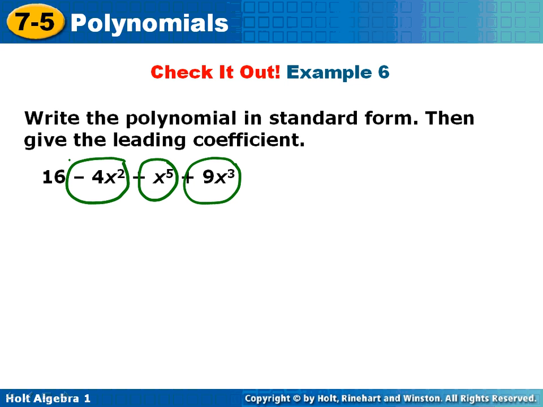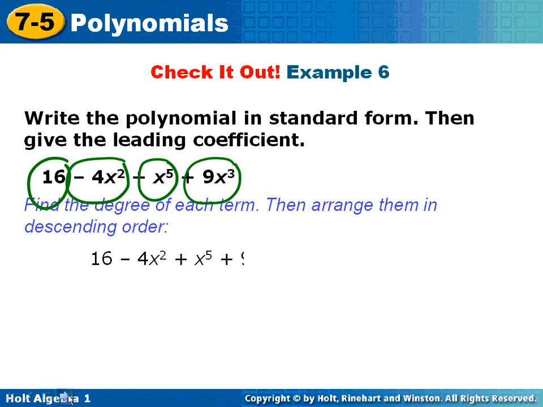And then the last term is the constant 16. So the way it should look is putting it in descending order. I rearranged it: x to the 5th, 9x to the 3rd, minus 4x squared, plus 16. And you notice right here I'm circling them with the sign in front. So that negative 4x squared, when you rewrite it, has to be negative.